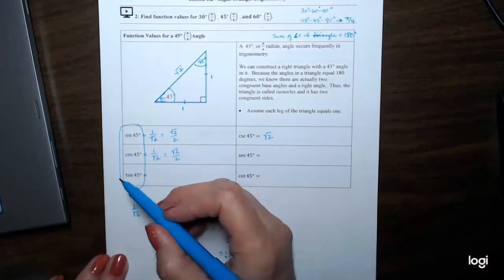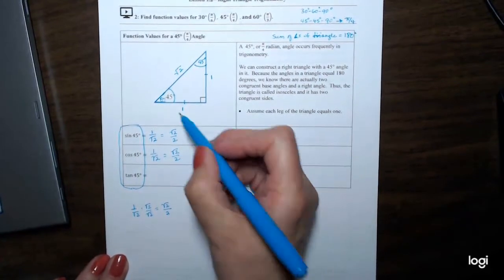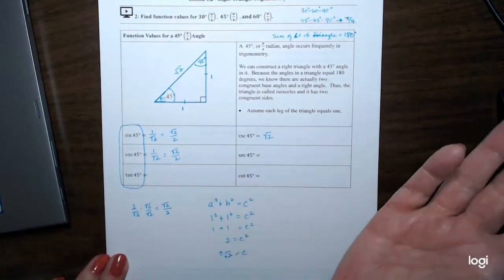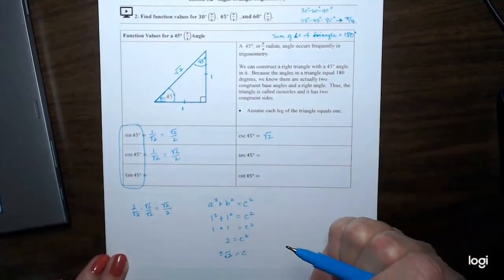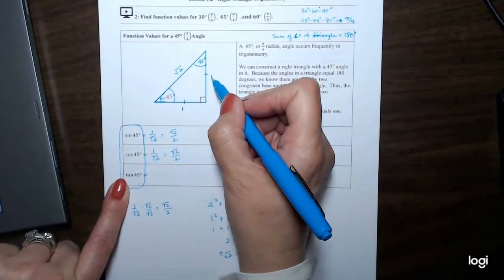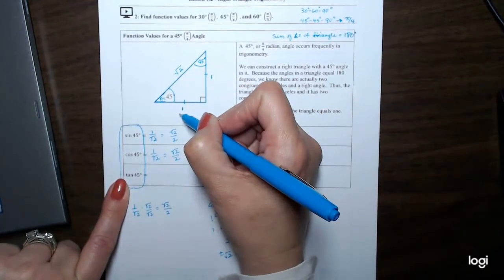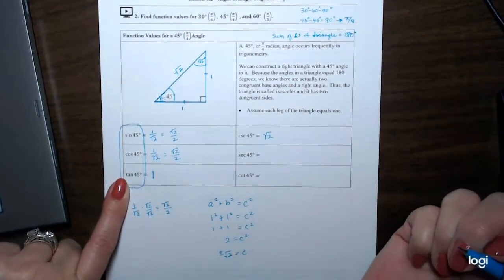That's something to memorize. Cosine of 45 degrees is square root 2 over 2. They're the same because it's the x and the y of the triangle. It's the two sides that are congruent. And then tangent is opposite over adjacent. Tangent is 1 over 1. Tangent is just 1. Tan of 45 degrees is 1.